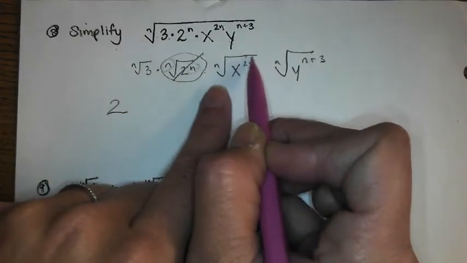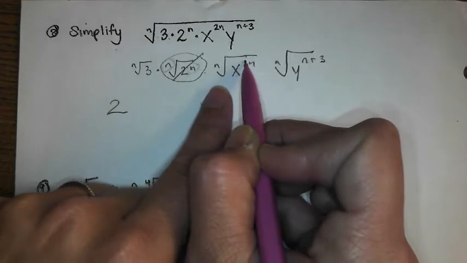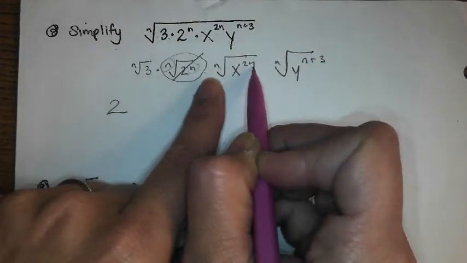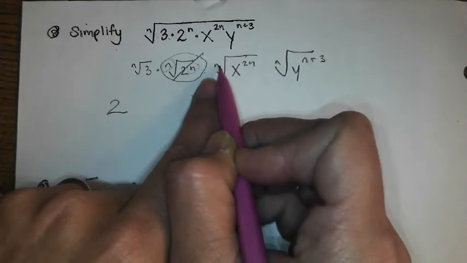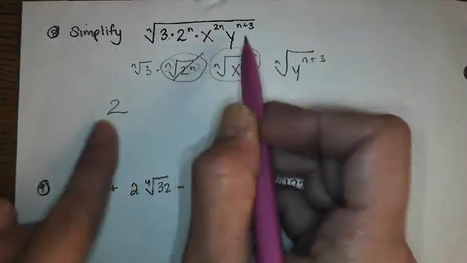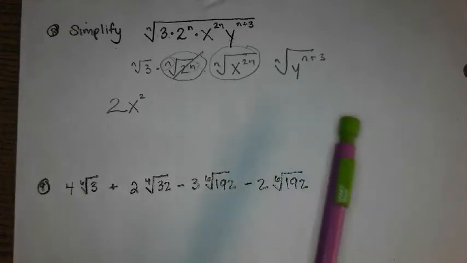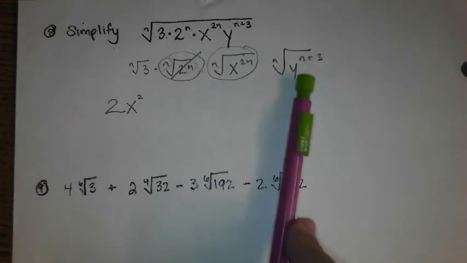This one, when we're dealing with a variable, we want the exponent to be divisible by that. Is 2n divisible by n? Yes, it goes in how many times? Twice. So I can take out x squared because of that, and a lot of you got that portion right. This was the piece that got us, okay?